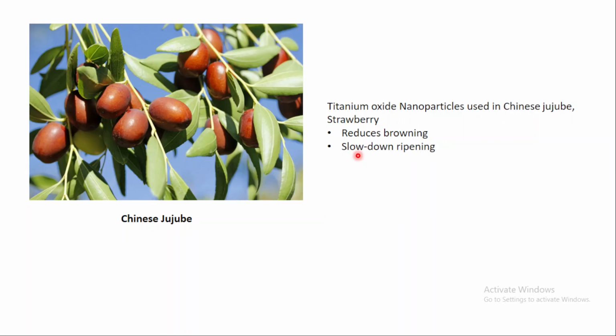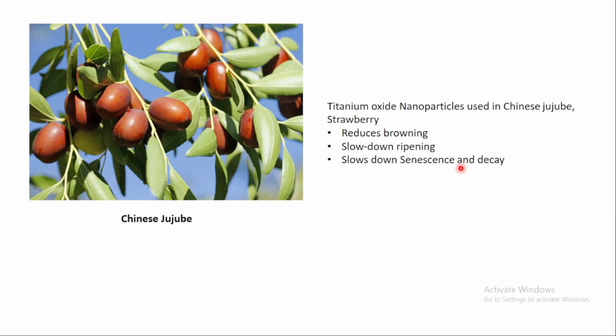Sorry, yeah, it slows down ripening of the jujuberry, slows down senescence and decay. So it will slow down ripening, it can increase the shelf life, delay senescence, and the same for strawberry. So titanium oxide or titanium dioxide is the correct answer.